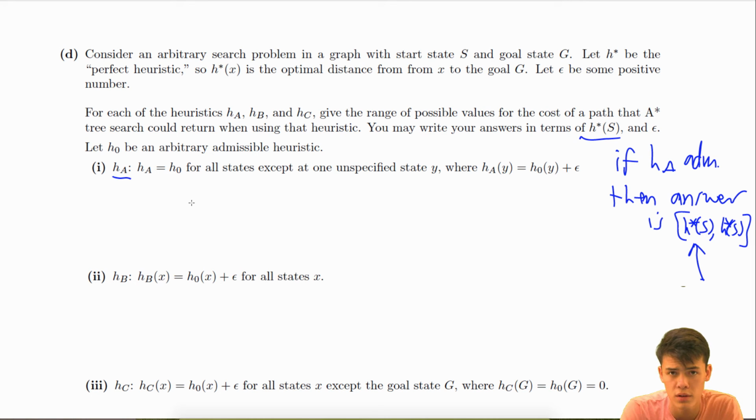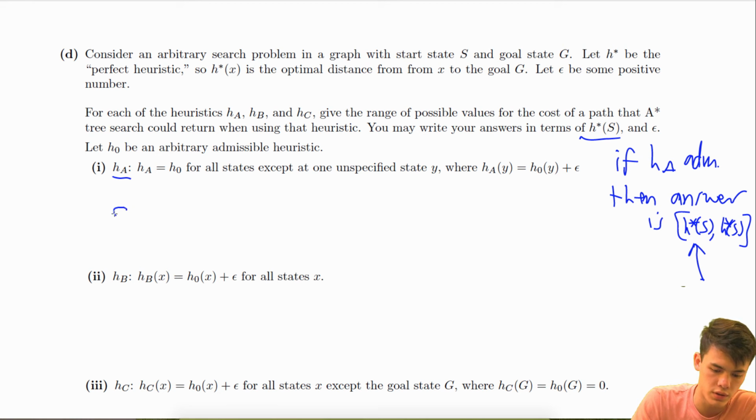Let's think. So we need to find a lower bound and an upper bound. For a lower bound, that's going to be if A star returns a nice path with low cost. So what's the best case scenario here? Let's say the state y that is corrupted is a state we would never even visit anyways, so it doesn't really harm us to have it like this. For instance, what if it was start to some state A and then to the goal state, where this length is absurdly high, like 100, and this is like 1.